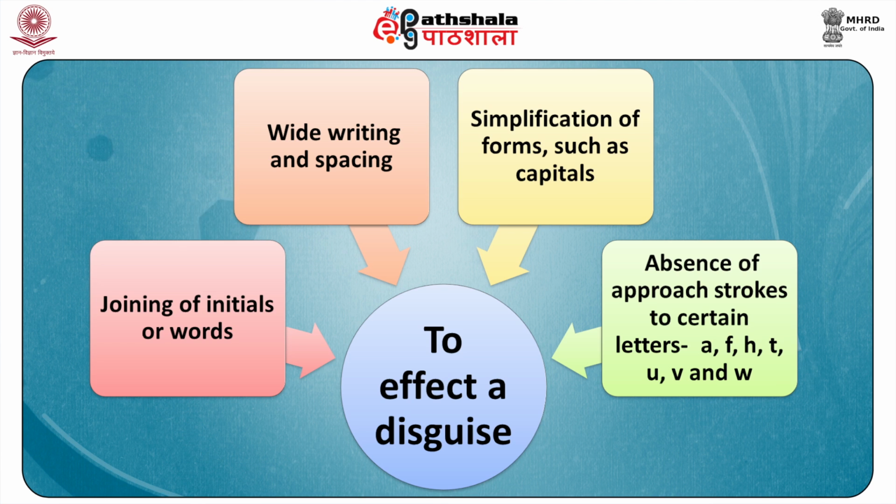Number 7, wide writing and spacing. Number 8, simplification of forms such as capitals. Number 9, absence of approach strokes to certain letters, for example, in letter A, in letter F, H, T, U, V, and in letter W.